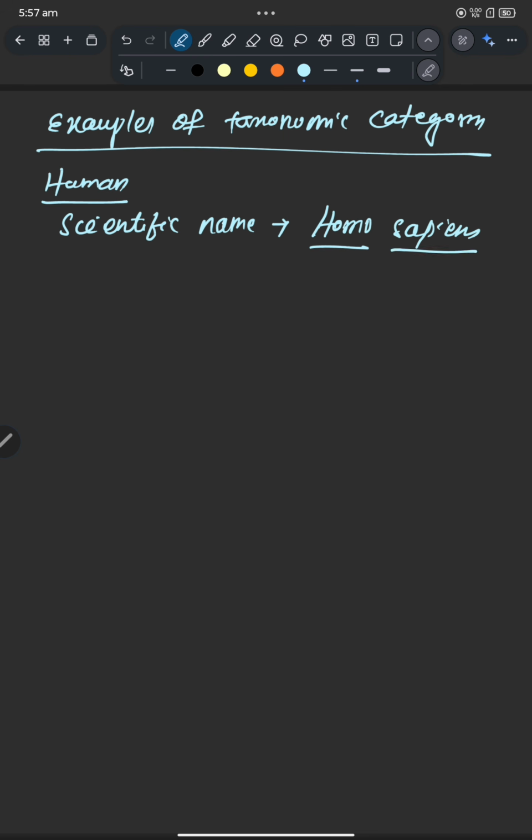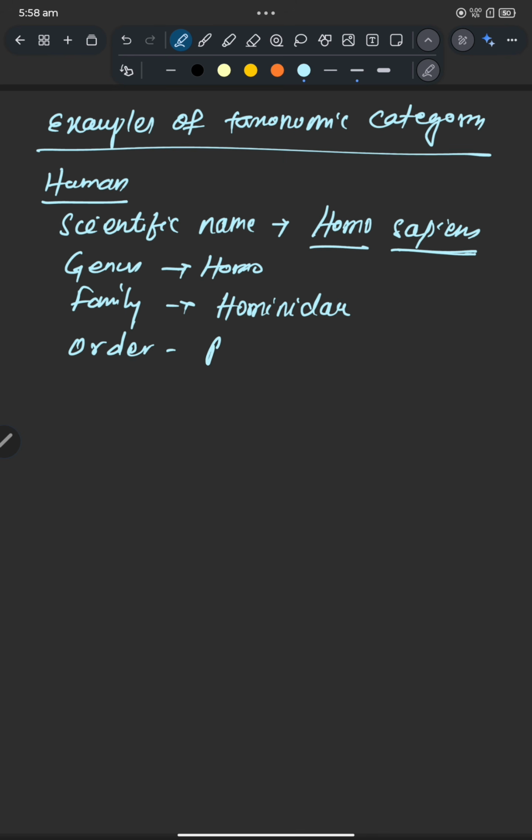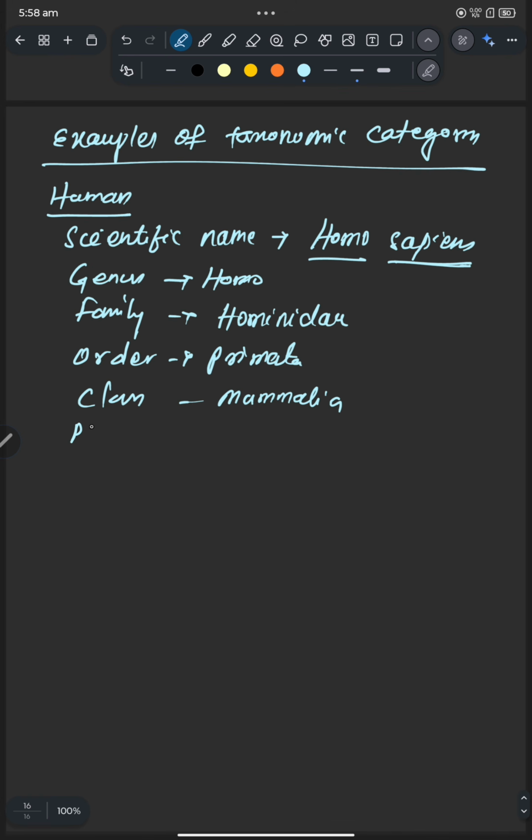You have to underline it. Don't forget this one. Here genus is Homo, species is sapien. Family is Hominidae. Then order Primata, then class Mammalia, then phylum Chordata.